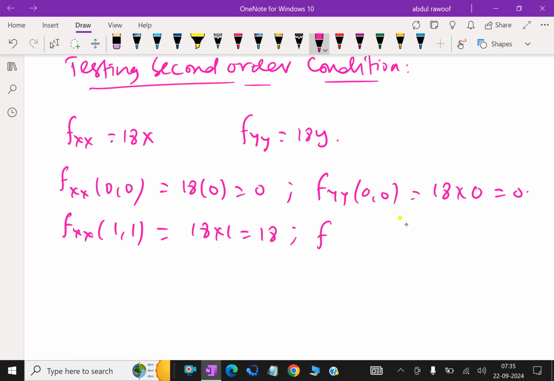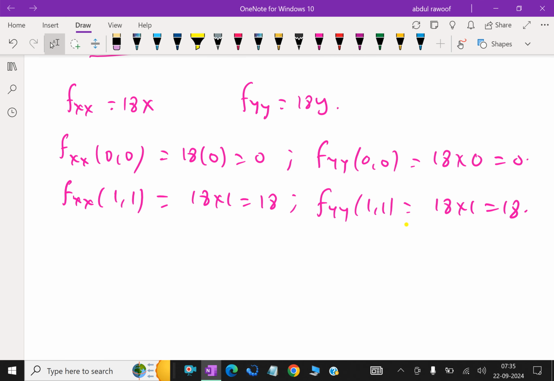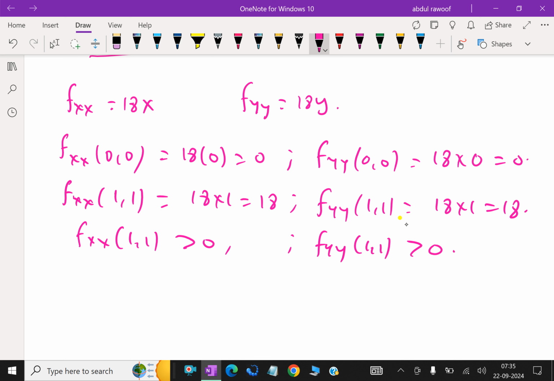And fyy at (1, 1) is 18 into 1 equal to 18. Now look here, fxx at (1, 1) is greater than 0 because 18 is positive. fyy at (1, 1) is also greater than 0, a positive value.